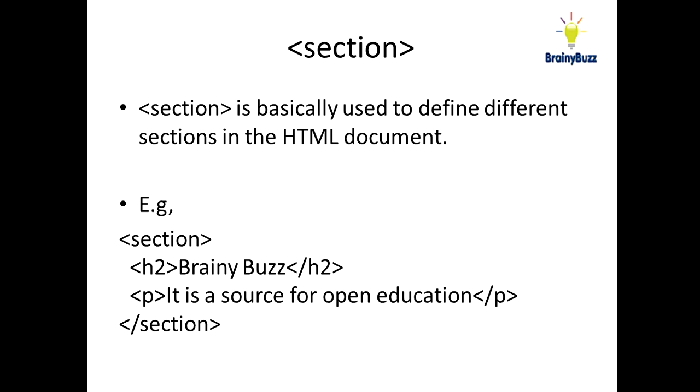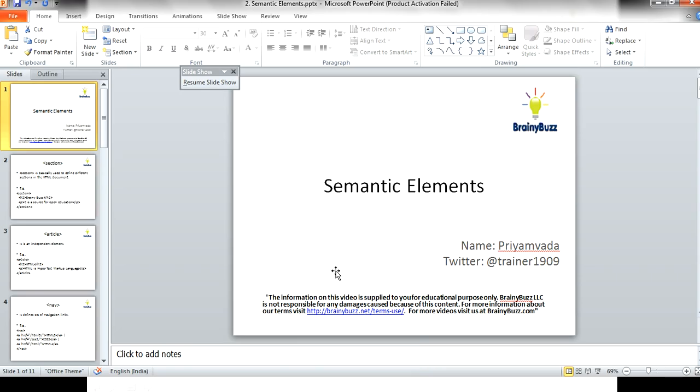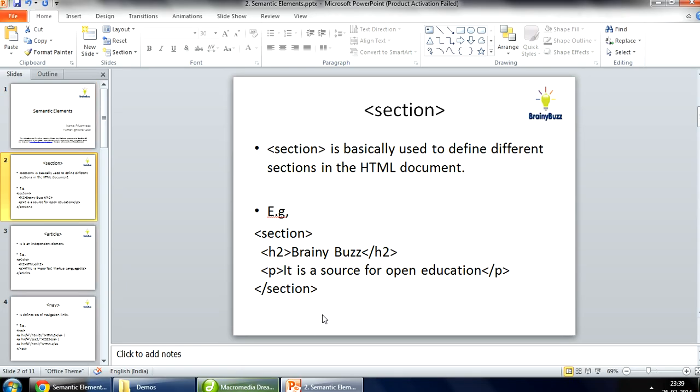Like the section element, it is basically used to define the different sections in HTML documents. Supposing you want to divide your HTML file into several sections, you can do it using this section element. So let's see the demo for it.